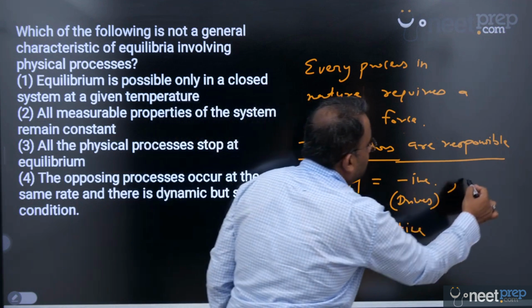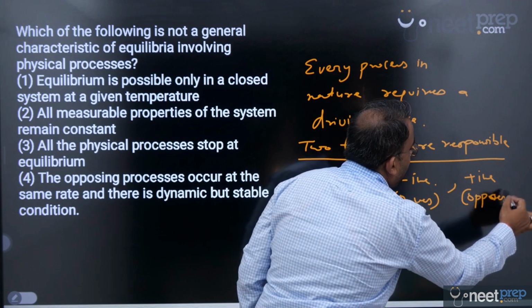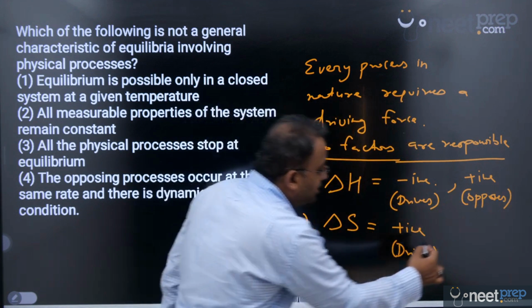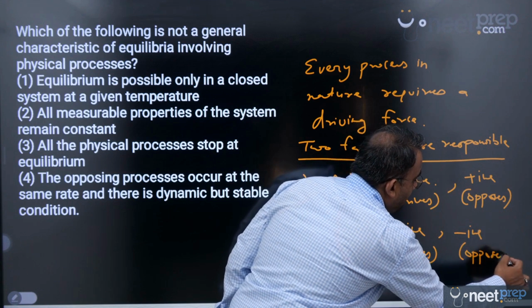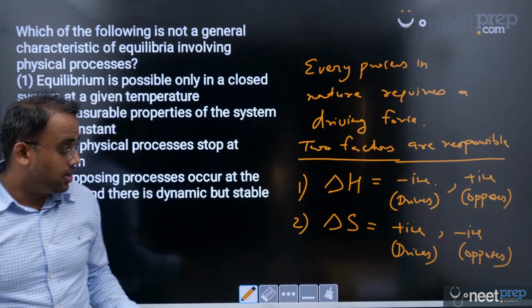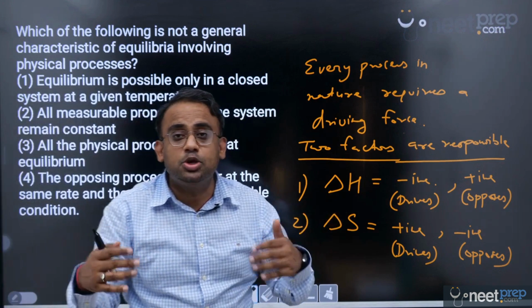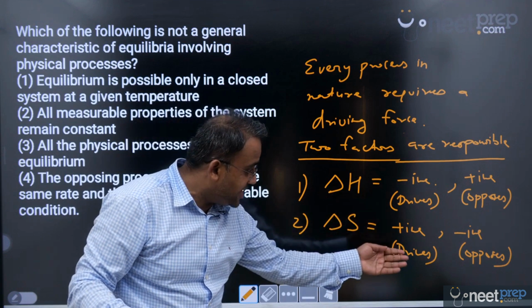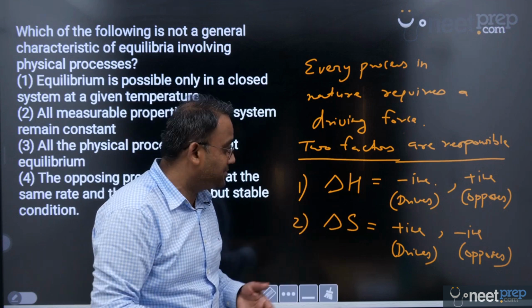Whenever delta H is positive, it opposes a process, and whenever delta S is negative, it opposes a process. So it's important information, please mind it. I'm going to use these signs and symbols, how they drive and how they oppose, in coming problems as well.